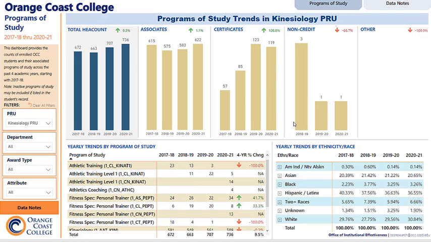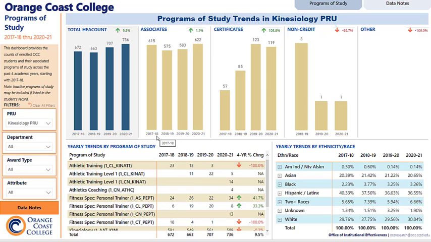As we look at the trends, we could see that in 2017-18, there were 615 associate degree seeking students, and then in 2020-21, there were 622 associate degree seeking students.